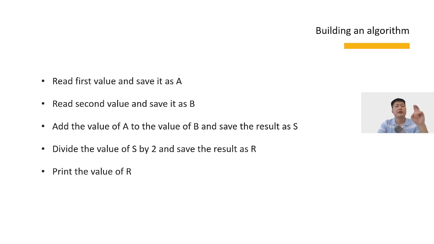Then we take the value of S, the sum of these 2 numbers, and divide it by 2. And the result we again save to a variable, let's say R. Then we print the value of R. So here we have 5 instructions and they are in the correct order. That's why we solved the problem. I hope it's easy, guys. I hope it's clear.